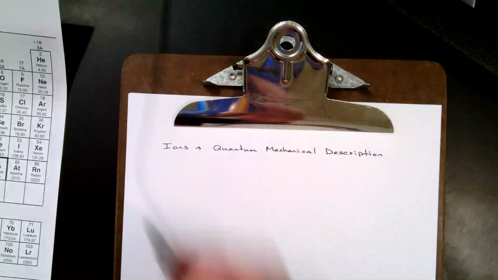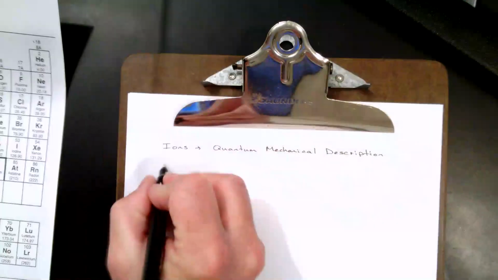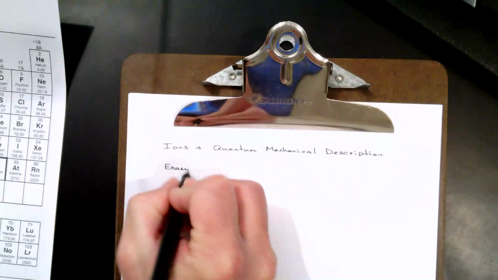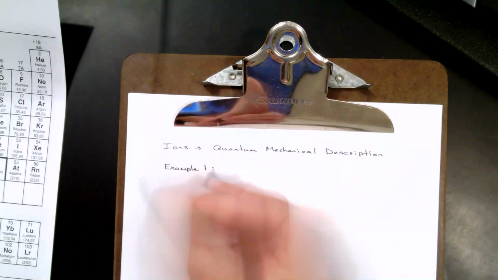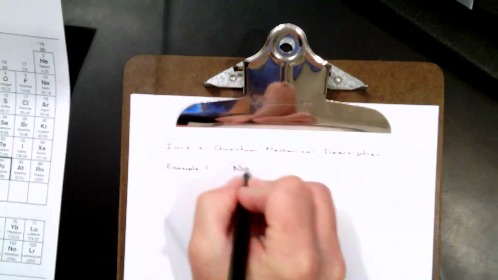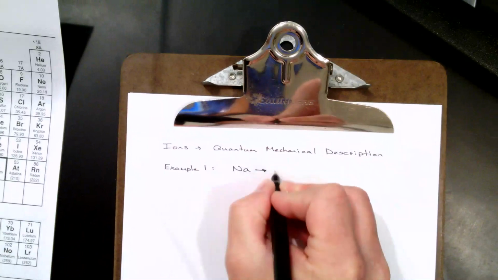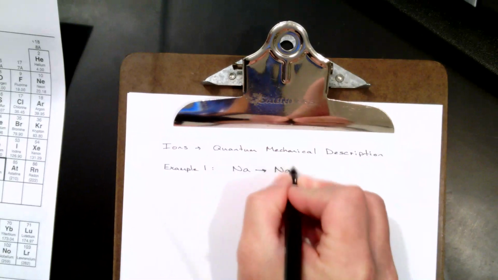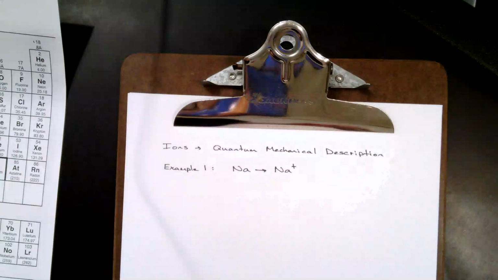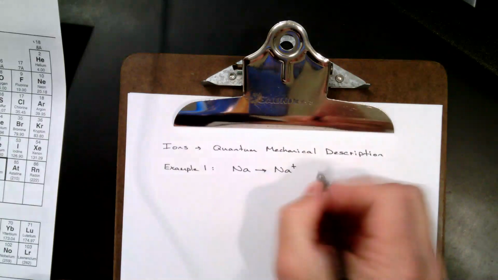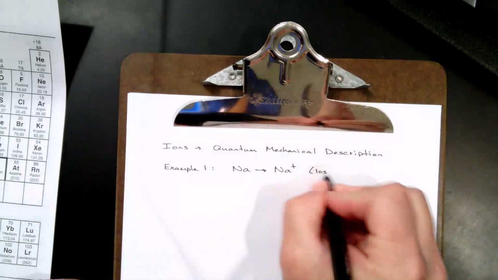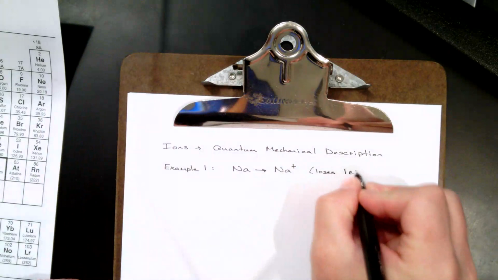So we know that Na will try to turn into Na+ by giving away one electron. It loses one electron.